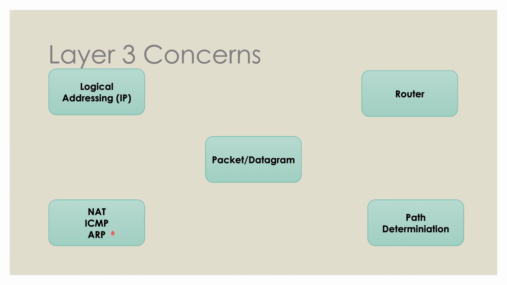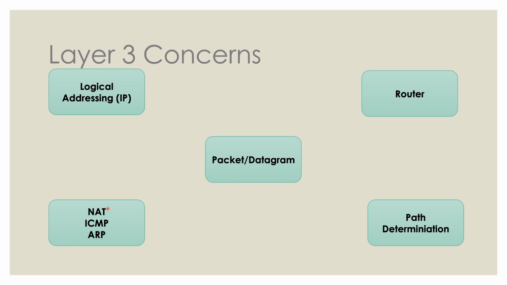NAT allows us to have a sort of hidden IP address, so inside local, outside global IP addresses within our network, which just allows us to use more IPv4 addresses than are available.